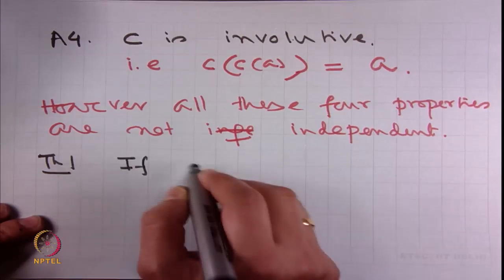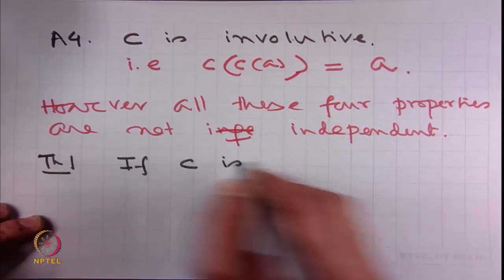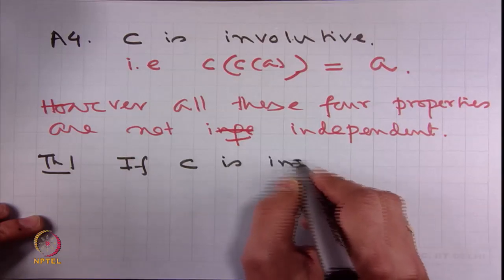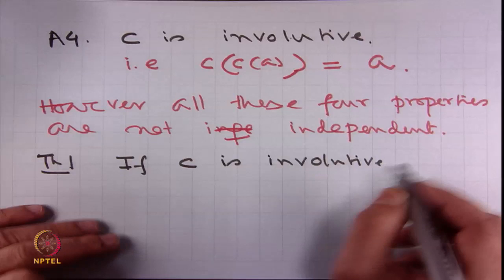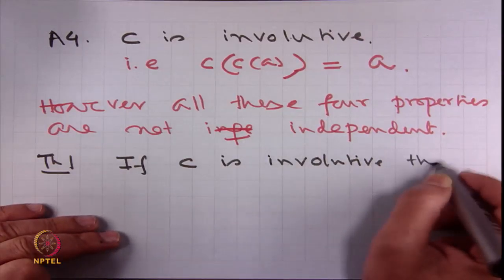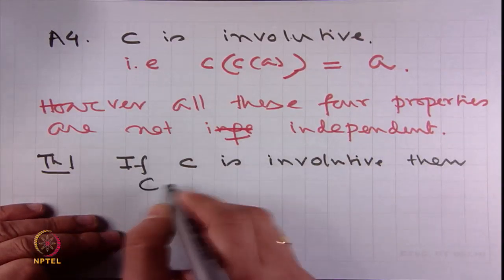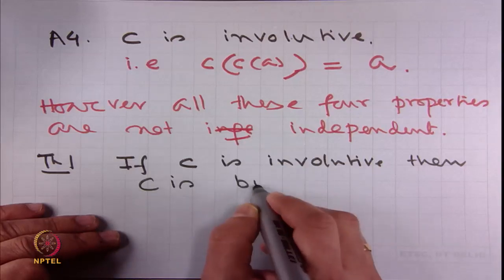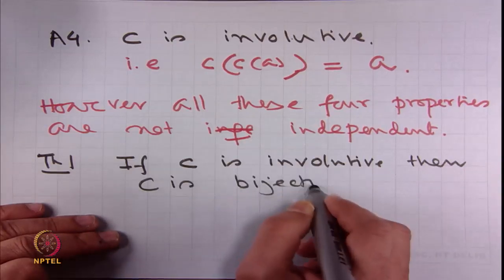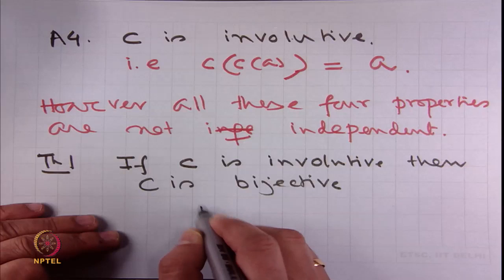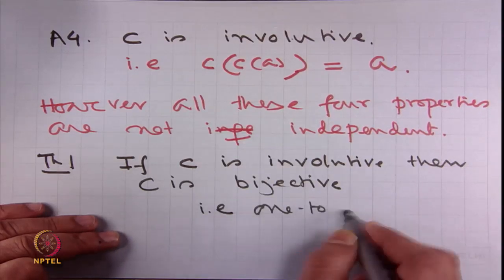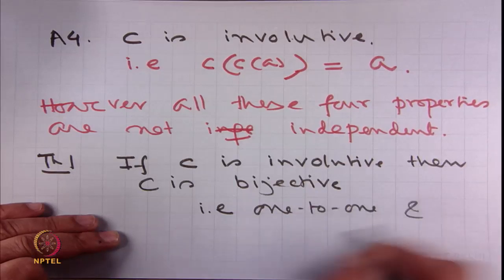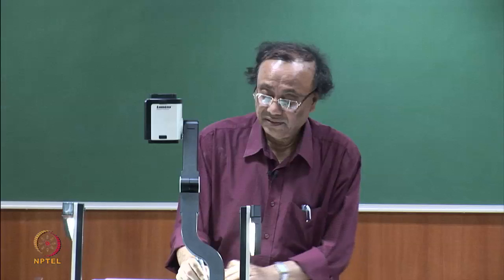If C is involutive, then C is bijective. That is, one to one and onto. Proof.